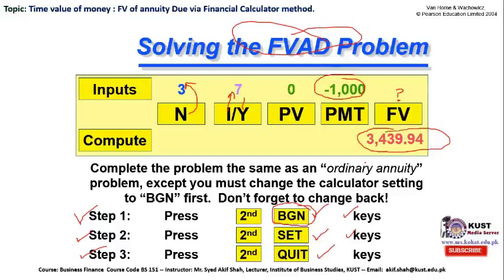3,439.94. The financial calculator usually gives you the most precise answer. The reason is that it incorporates all the decimal points into operations, and finally it gives you the more precise answer. However, in the formula method, because we are doing it manually, we just round the decimal places up to 2 points or 3 points or 4 points, but human error is possible.